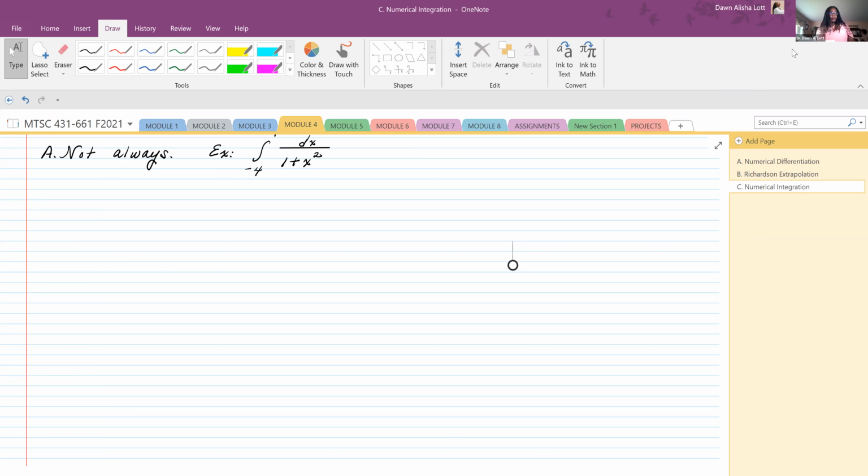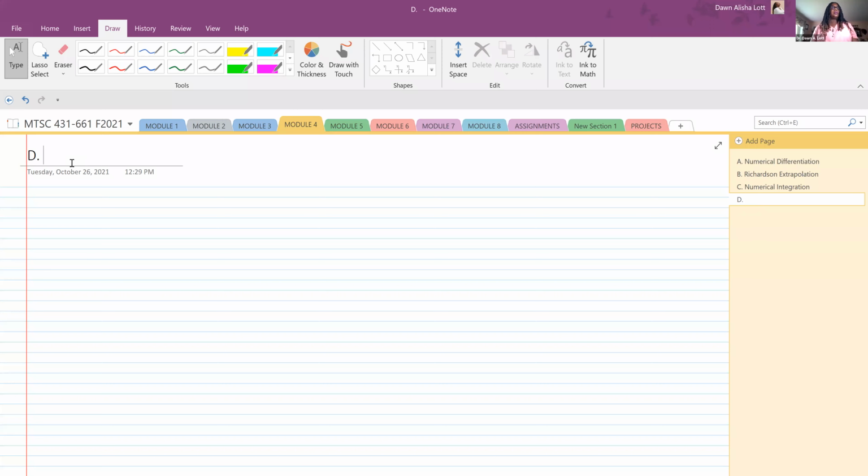So D is going to be composite quadrature rules integration.